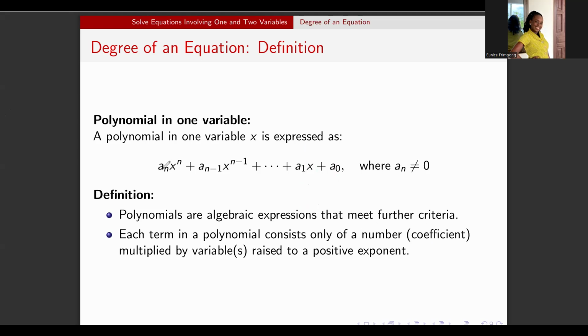So you have a number, a_n, multiplied by a variable, x, and the variable is raised to a positive exponent. So these n's that you are seeing, n minus 1, n minus 2, all the way going, should be greater than 0. Each of the n's should be greater than 0. None of them should be a negative number.